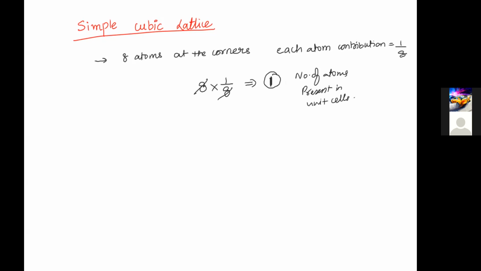Okay, next when you look at the body centered cubic lattice, we know BCC has 8 atoms at the corners and 1 atom at the body center.